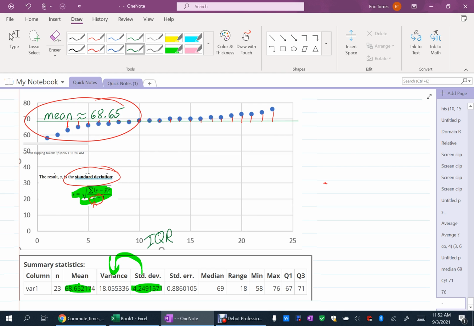Now, that's standard deviation. So basically, my average height, according to my summary statistics, is 68.65, with the majority of people being plus or minus 2.1 units from that.